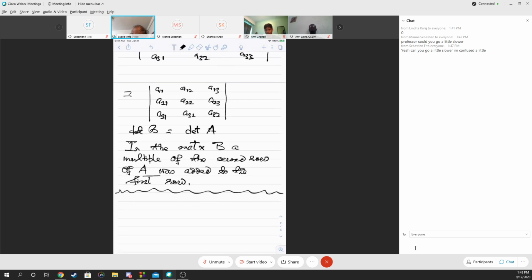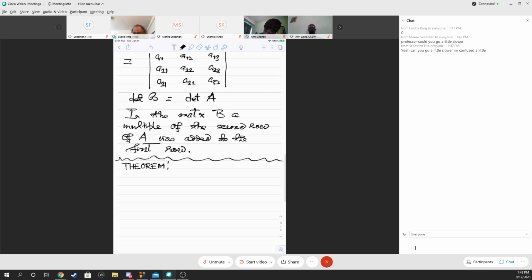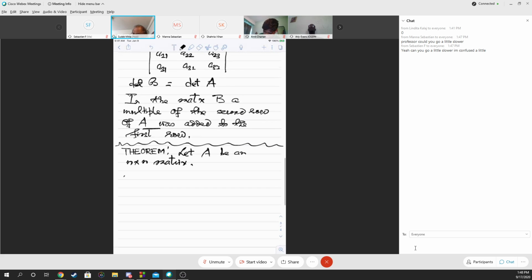Theorem. This is very helpful. We can generalize this as follows. Let A be an n by n square matrix.